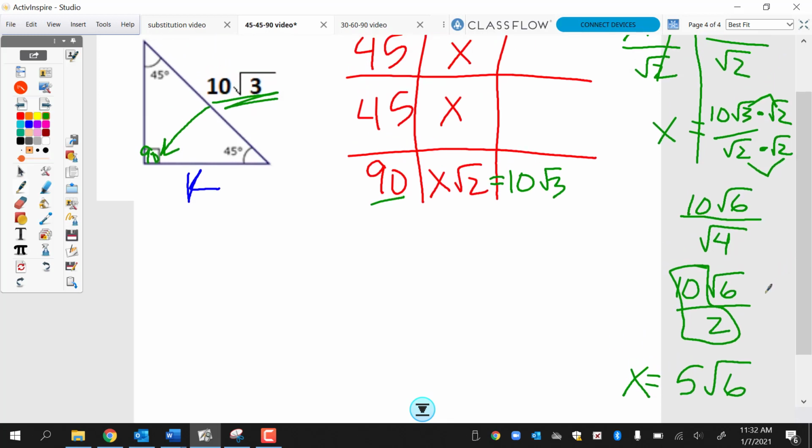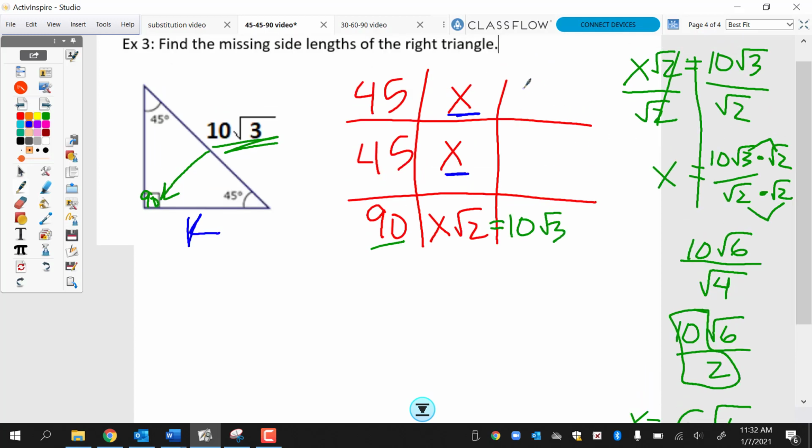So here we go. I got to plug this in. Plugging it in anywhere I see an X in this chart that has a blank spot over there. So I'm plugging it in. Here we go, just X, so what am I writing? 5 square root of 6. And this is just an X, 5 square root of 6.